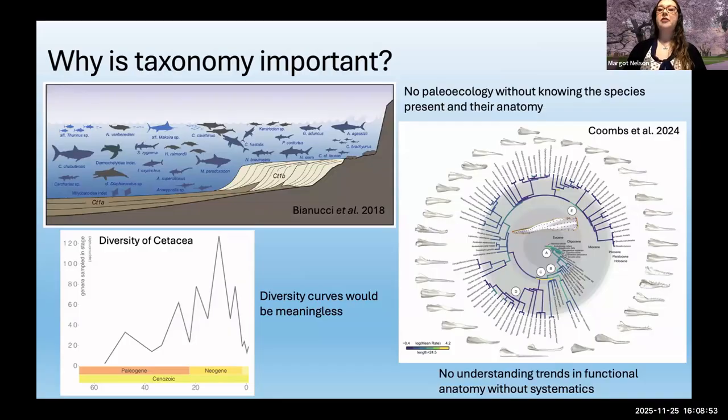We would have no diversity curves without alpha taxonomy. And when we look at functional anatomy, we really need to understand where different animals fit into their evolutionary context in order to see evolutionary trends. We can make some generalizations, but knowing precisely where these animals sit is very important.